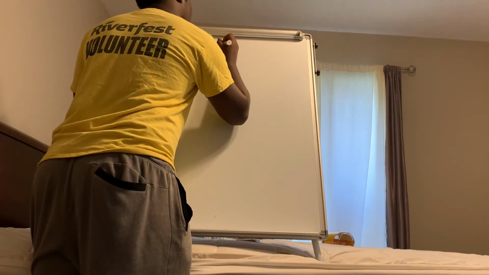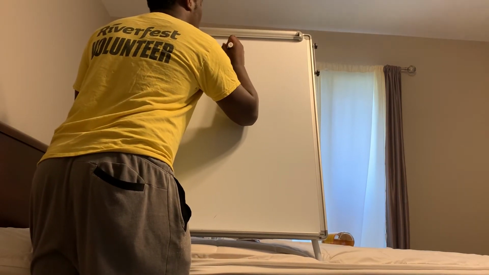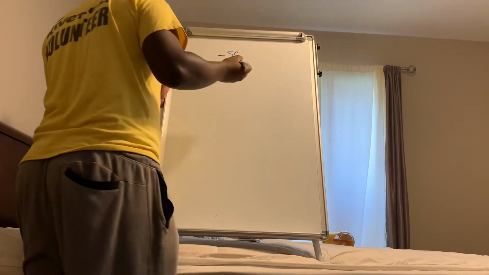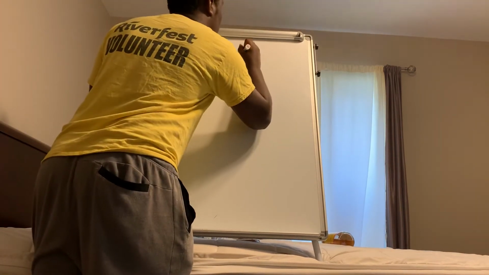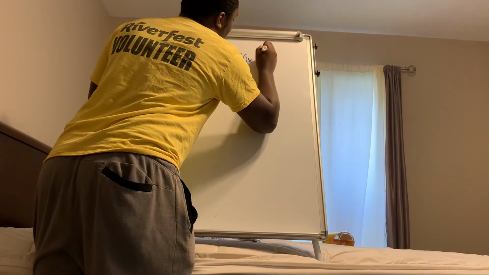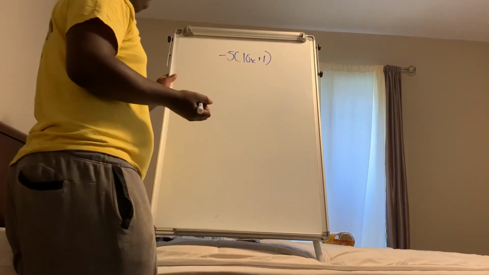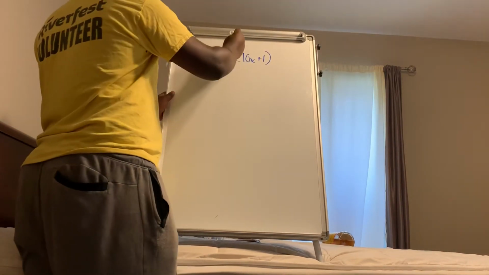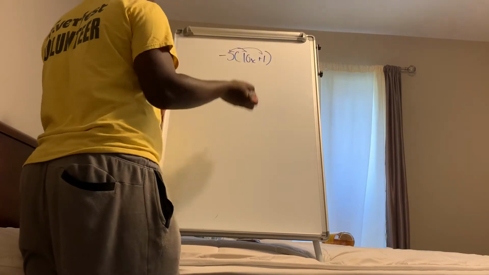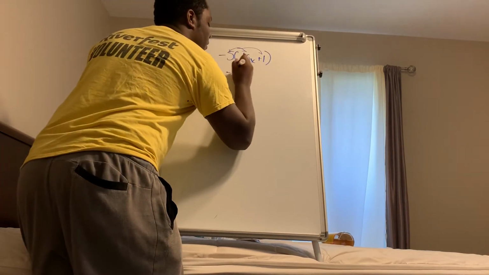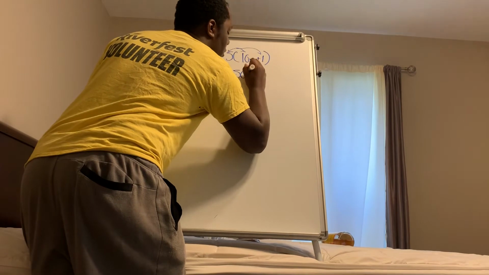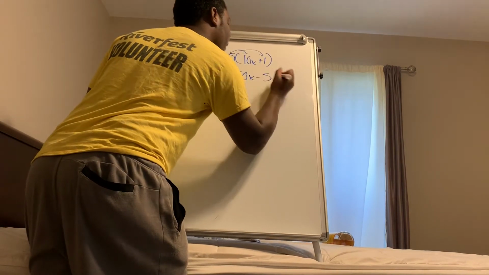-5 times 10x plus 1. So I'm going to distribute, same thing as I've been doing before. I have -50x minus 5.